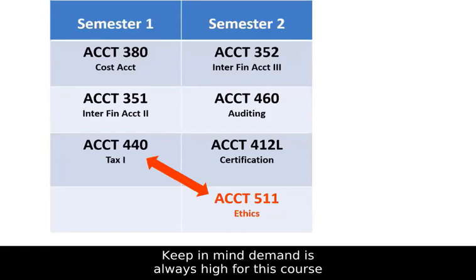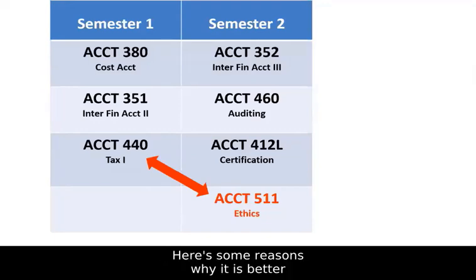Keep in mind, demand is always high for this course because only 1 or 2 sections are offered. Here are some reasons why it is better to take the accounting ethics course at CSUN. First of all, Accounting 511 has no class meetings. It is offered as an asynchronous online course.